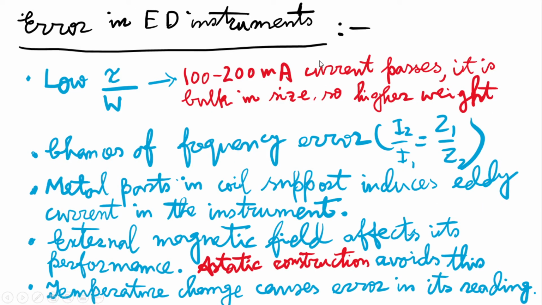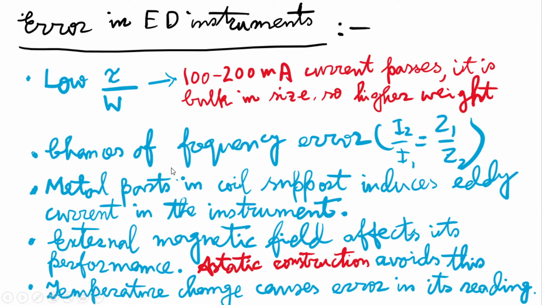Now we are going to discuss errors in electrodynamometer type instruments. Obviously the torque to weight ratio is very small. If 100 to 200 milliampere current passes, that's why the torque to weight ratio is very low. Apart from that, it is bulky in size, so as the size is more, the weight is more, and if weight is more, the torque to weight ratio is less.